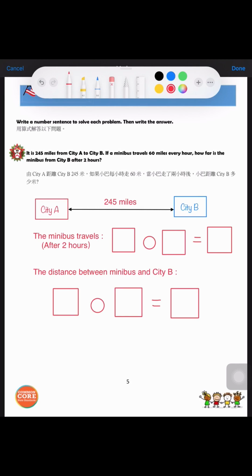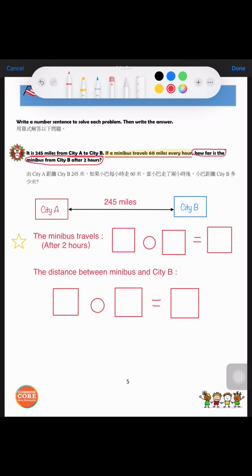It is 245 miles from city A to city B. If a minibus travels 60 miles every hour, how far is the minibus from city B after 2 hours? First, we may find out how far the minibus travels after 2 hours.